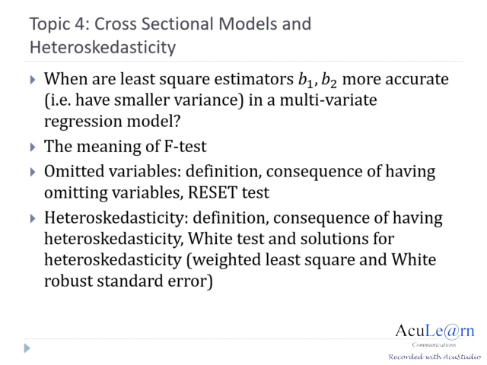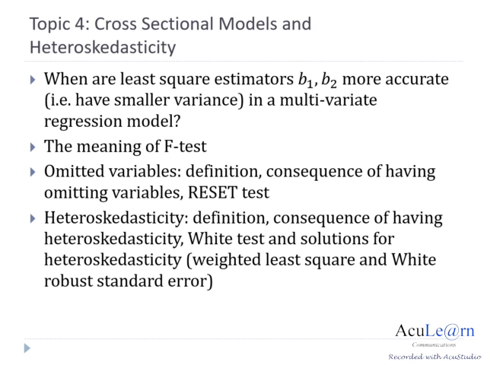But if you see a big increase in the sum of square residual, which is associated with a much poorer fitness, then you should reject the hypothesis that you can impose those constraints or restrictions. So you should understand the meaning of f-test.